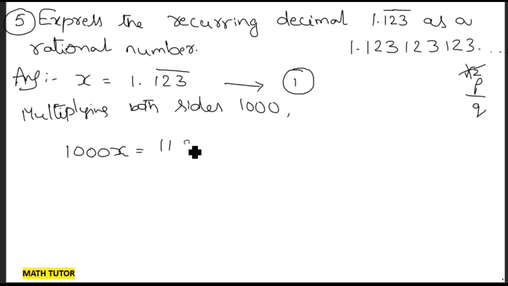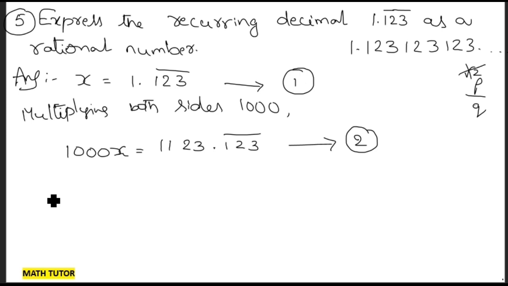So it becomes 1123.123, and this is recurring only. Clear? So these 3 digits have moved because I multiplied with 1000. Okay, now let us take this as second statement. This is first statement, this is second statement, or else equation you say.